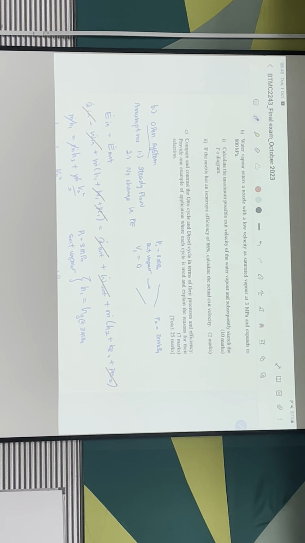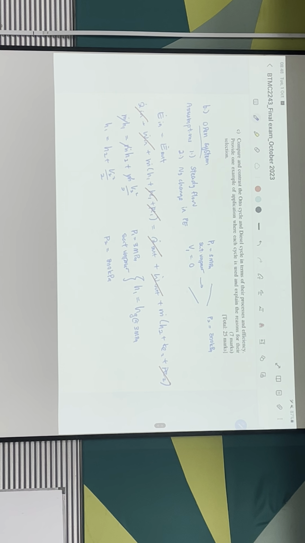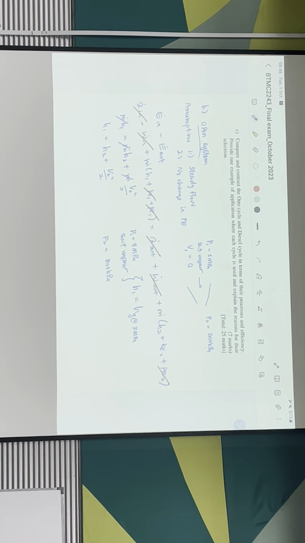So obviously, the maximum velocity will be when the isentropic efficiency is 100%, right? If isentropic efficiency is 100%, it means this is an isentropic process. What does an isentropic process mean? Entropy doesn't change, right? So here you can find S1. Then in state 2, you say S2 equals S1.